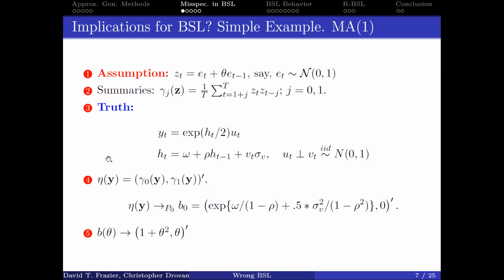So what you can show is that the observed summaries, the sample variance and the first order autocovariance, converge in probability under the true model to this quantity here, i.e., the first order autocovariance is 0 for all processes in the SV class. And you have this variance form, which works out to be just the variance of a log normal. In contrast, the simulated summaries that you would work with in BSL converge in probability to this functional here.